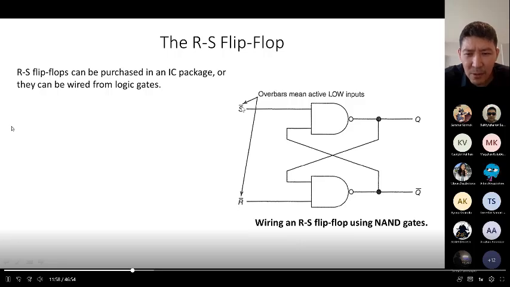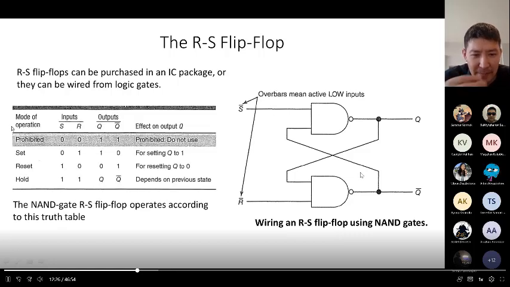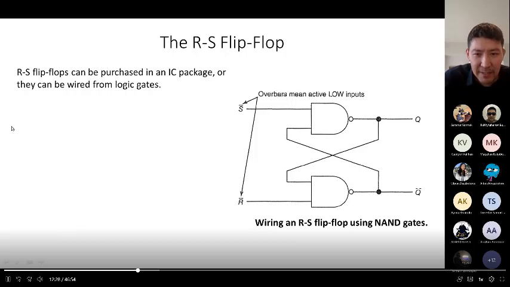It means that you activate by a low level. The other input of the first NAND gate you connect to the output of the second NAND gate, and the second input of the second NAND gate you connect to the output of the first NAND gate. Of course, the truth table for this assembled circuit will be the same as in the previous one.